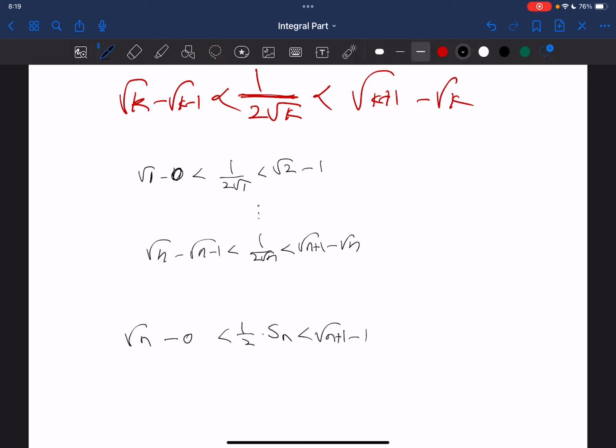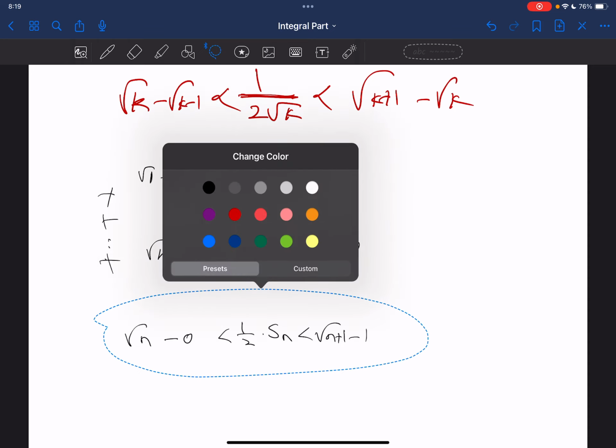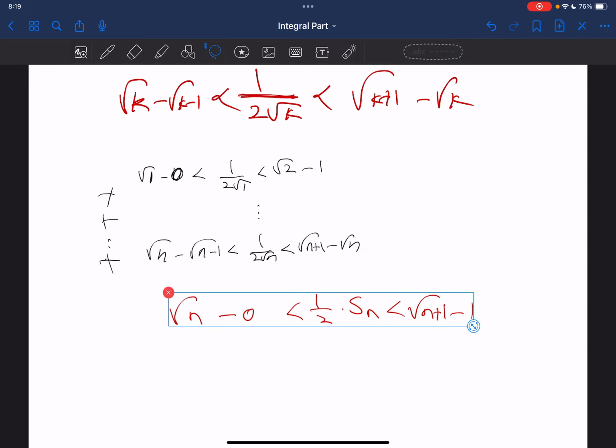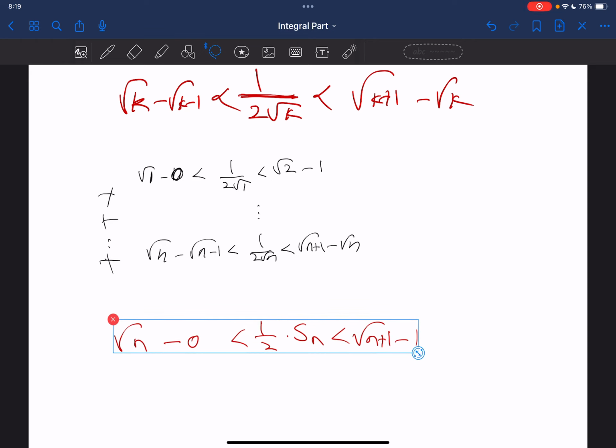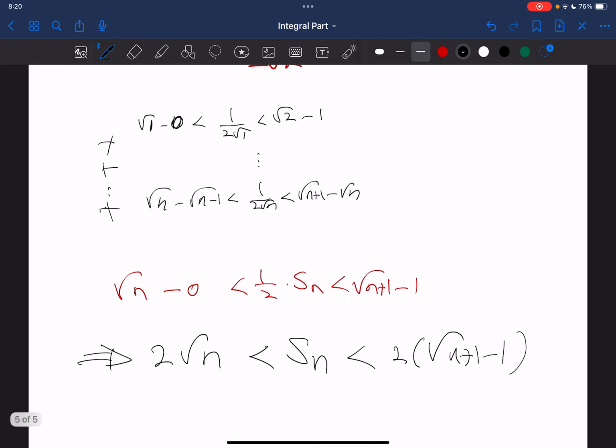So if I sum all of this, I would get this expression. Let me color it red. And I'm going to resize it. So I have this expression, and therefore 2 root n is less than Sn, less than 2 root n minus 1, less than 2 times root n plus 1 minus 1, right?